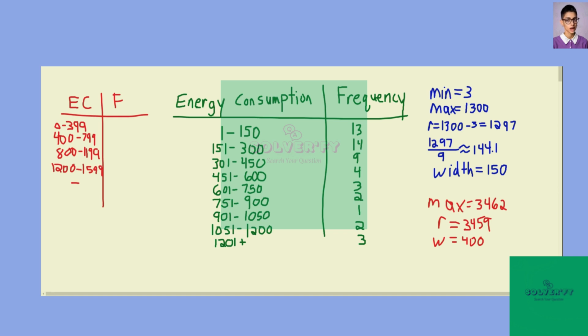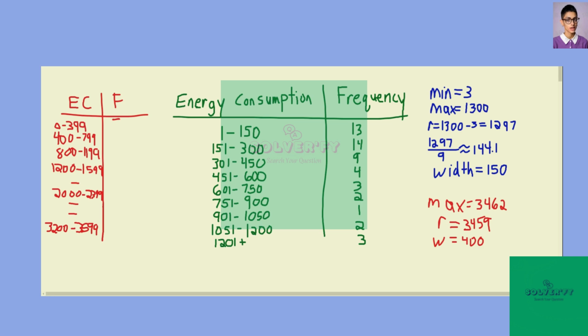I'll skip this next one. This one would be 2000 to 2399. And I'll skip these two, and our last one would be 3200 to 3599. Now this does not work out very well because our frequencies end up being very uninformative.